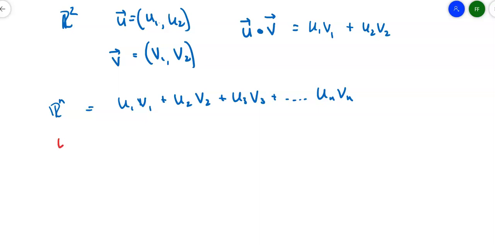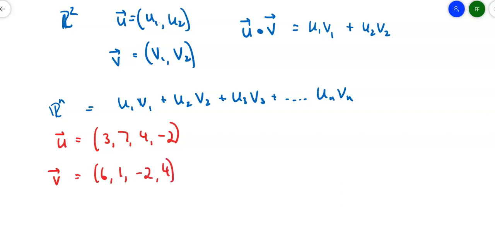So suppose vector u is the vector 3, 7, 4, negative 2. And vector v is the vector 6, 1, negative 2, 4. I would like to find the dot product u dot v.